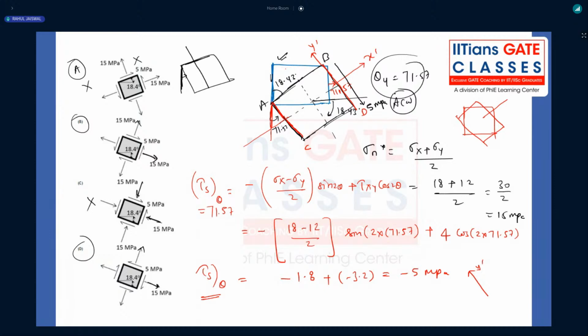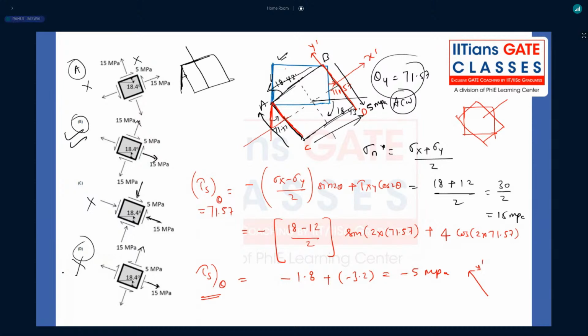If that is acting in the downward direction, definitely on AC it has to act like this, and that is making clockwise, so the other has to be something like this. Now you can clarify which option is correct. B will be correct, because it shows the wrong direction of tau s theta. Are these things clear?